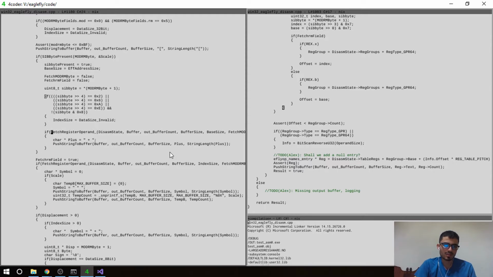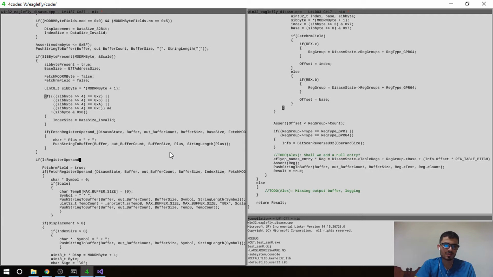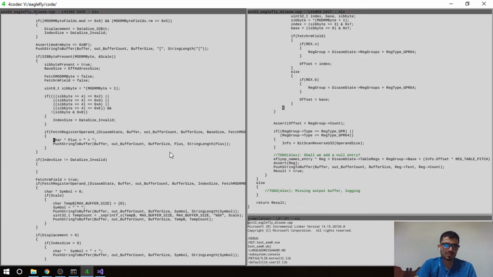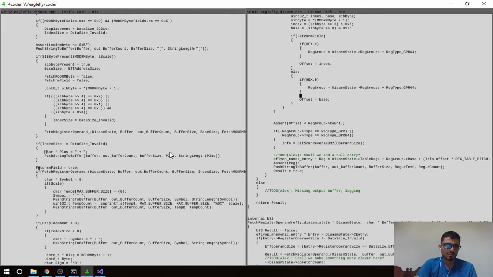Now we can say here as well, if index size, data size invalid, that's it, and there you go.